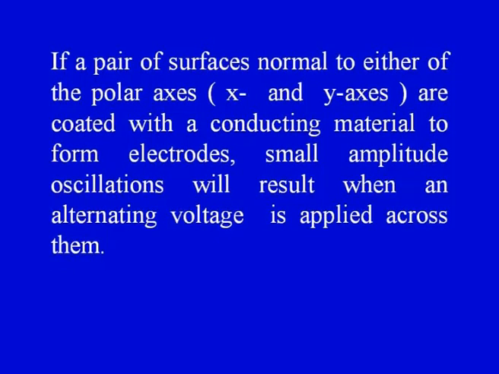Now, if a pair of surfaces normal to either of the polar axes, x or y axes, are coated with a conducting material, or some conducting foil is attached to it to form electrodes, small amplitude oscillations will result when an alternating voltage is applied across the two foils or across the two plates.